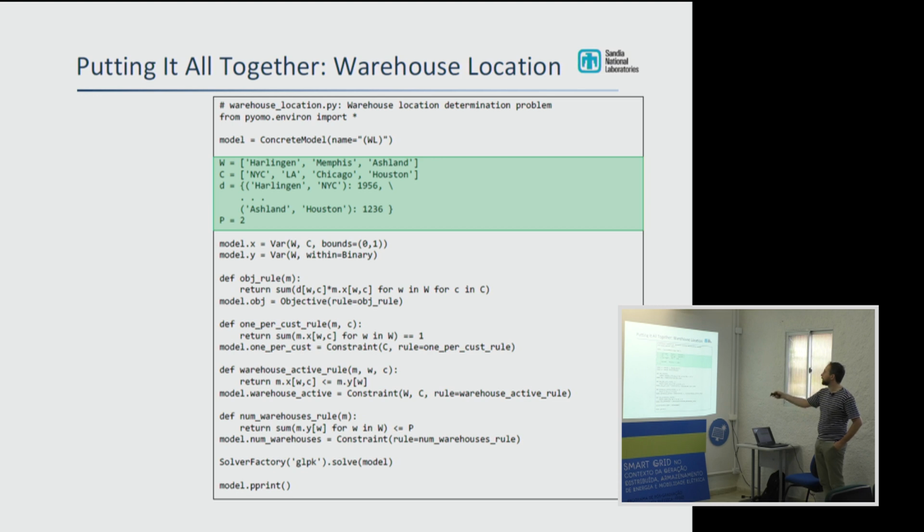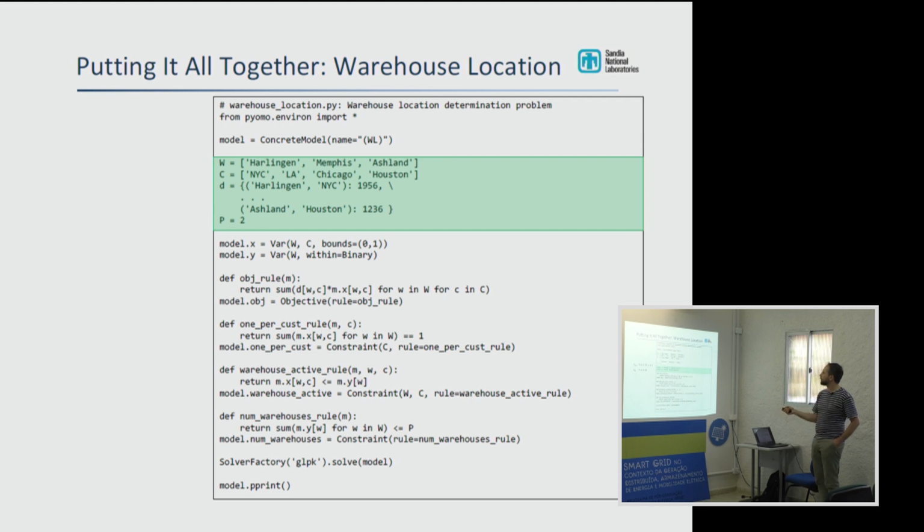The distance between the city and the consumer, I didn't put the whole list because it's quite long, but you understand it. Between Arlington and New York City, there is this distance, and so on. And P equal to 2 means that I want to build 2 warehouses.